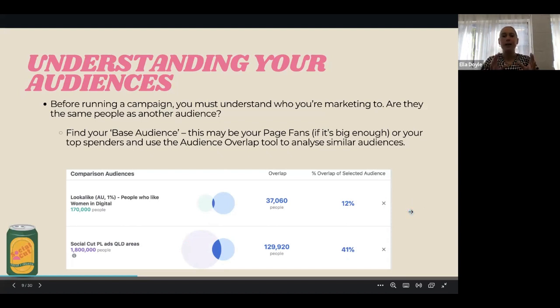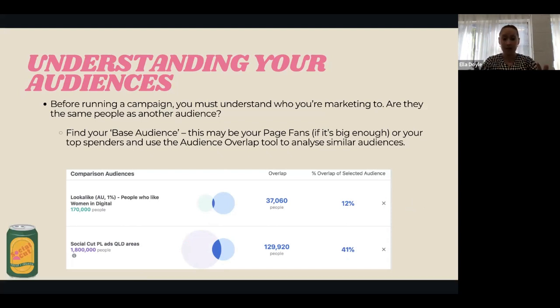This is a further detailed version of it. You may not need this, but if you are going down the path of spending money running ads, it is important to look at what percentage of which audience are the same, because ultimately you're spending money on two different audiences and just reaching the same people. So it does help to have a bit of an understanding.